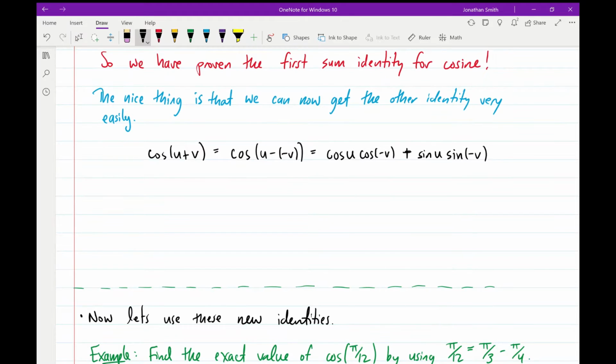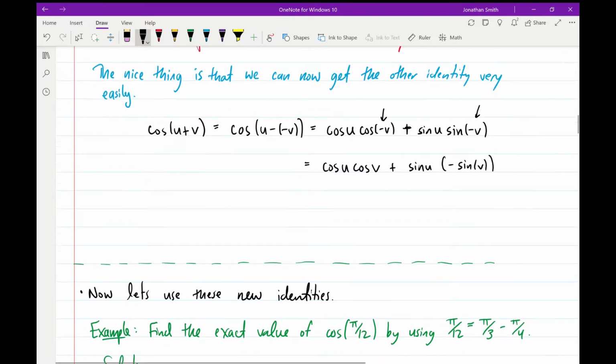Okay, but remember that cosine and sine have these even and odd properties that give us some identities too. So if I look at cosine of minus v, that's showing up right here, that's the same as cosine of v, because cosine is an even function. And if I look at sine of minus v, that's going to give me a minus sine of v, because sine is an odd function.